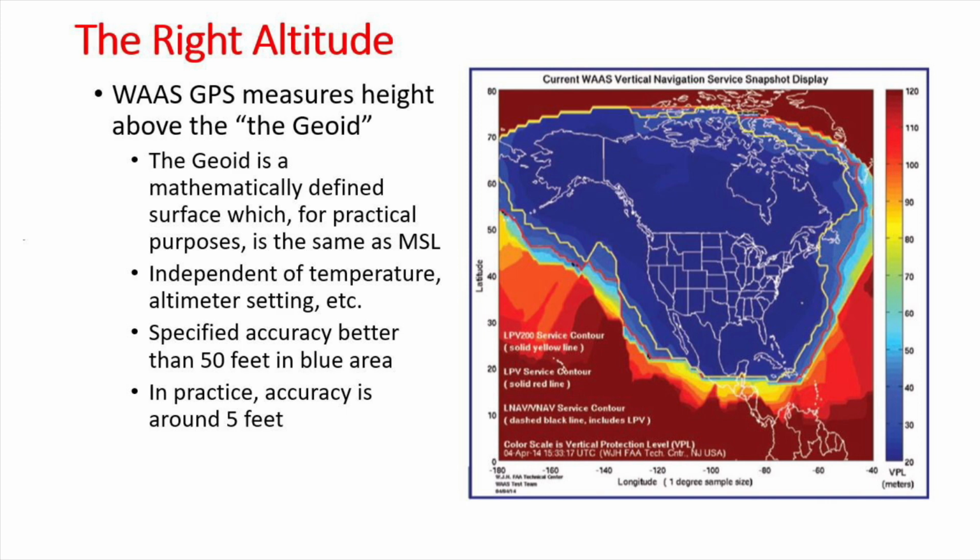Earlier, non-WAAS navigators were around 5 times less accurate and were not suitable for vertical navigation. If the integrity of the WAAS component of GPS is not met, it reverts to non-WAAS performance and must not be used for vertical navigation.